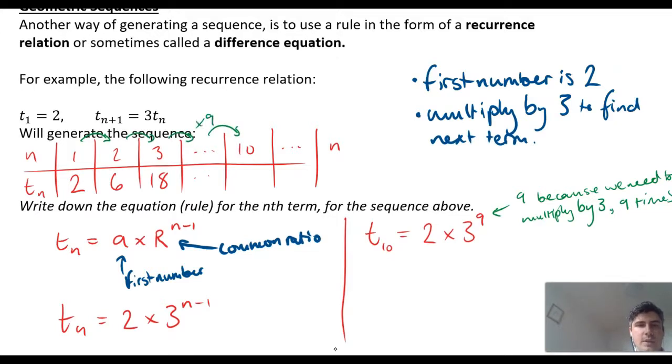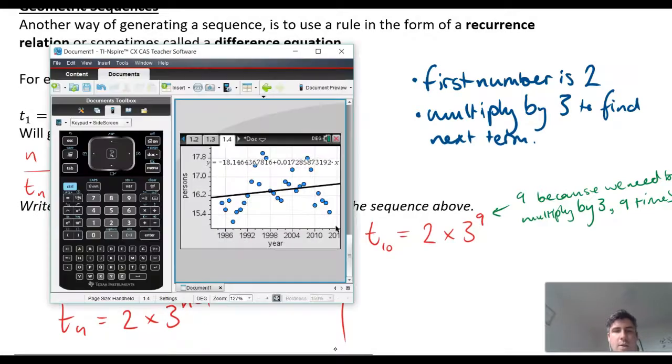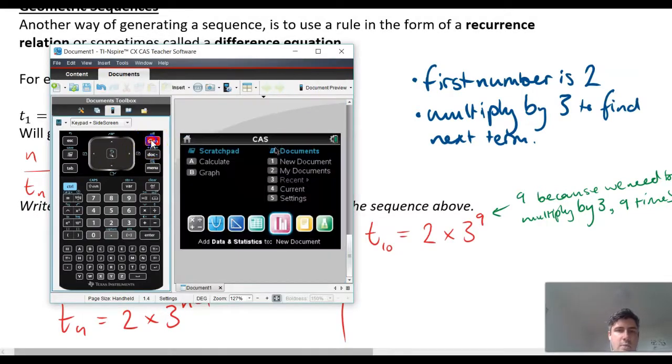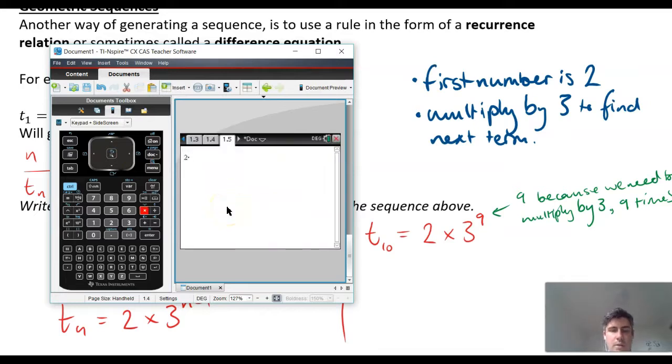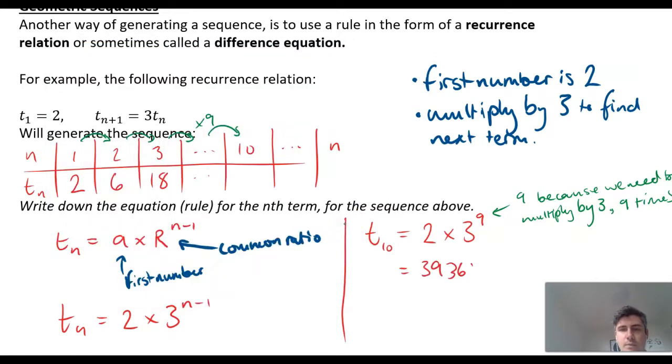So that will get us our final number, which is actually a calculator job really. So 2 times 3 to the power of 9 gives us 39366. So that's quite a big number for the sequence.